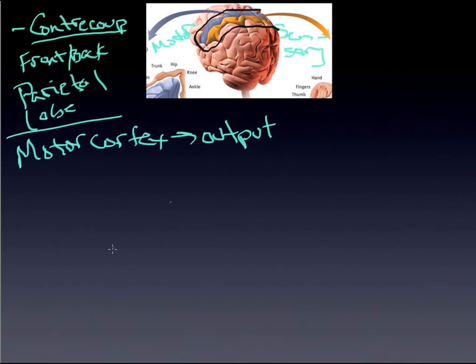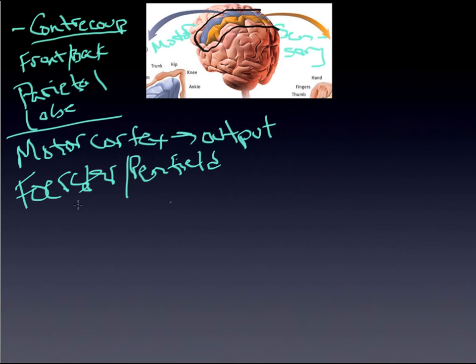So the motor cortex was key, and two researchers by the name of Forster and Penfield actually mapped various areas of the brain that were related to the motor cortex, and they discovered that where precise control was needed, and this is something we will see throughout, precise control leads to greater cortical area.